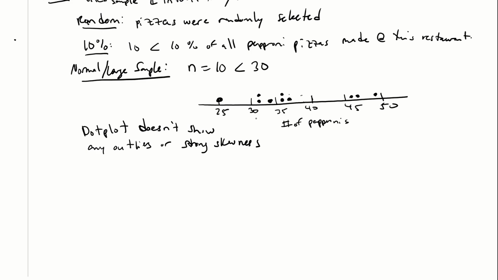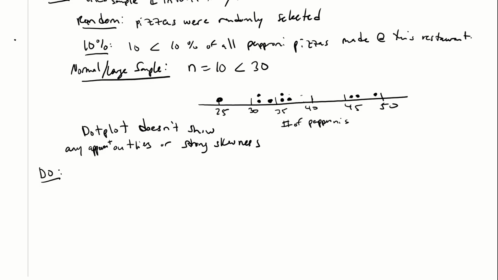They're pretty close. It's not too bad. So I would say we can continue with the test. It doesn't show any apparent outliers or strong skewness, so then we can go ahead and proceed with the test, but in this case, the confidence interval.